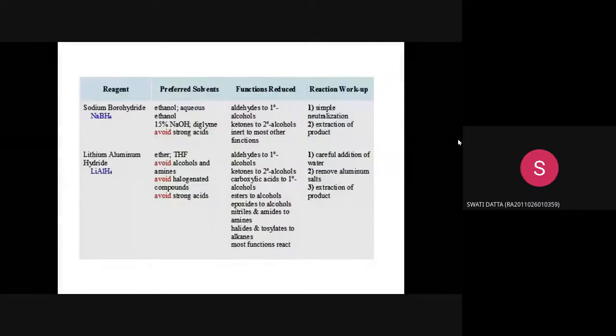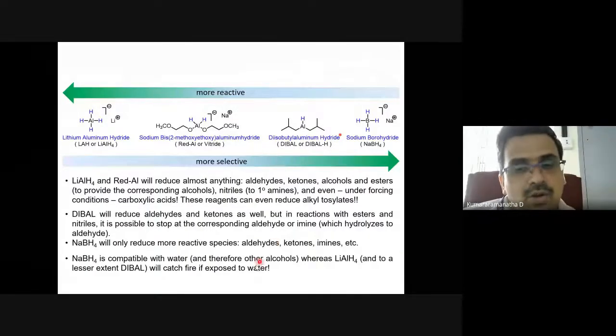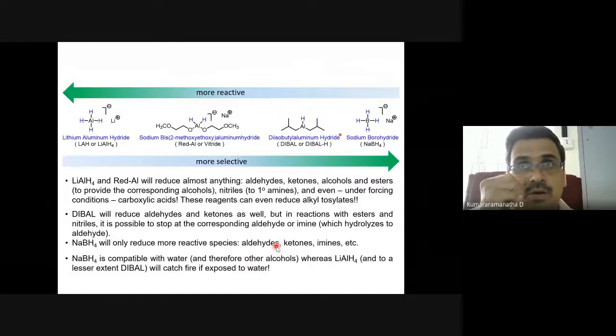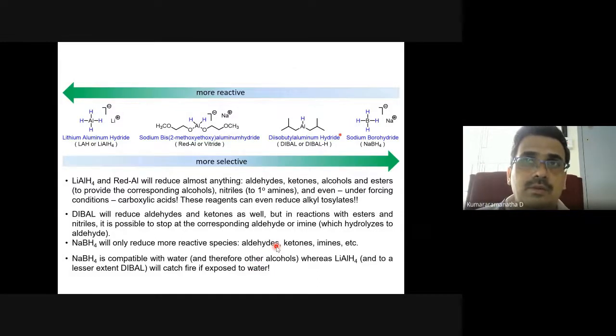Sir, what does more selective arrow mean in the previous slide? Yes, more selectivity, as I told you. If a carboxylic acid is there, you don't want to make it into an alcohol, you want to stop at the aldehyde. In that case, sodium borohydride is good. Sodium borohydride is mildly weak compared to lithium aluminum hydride.